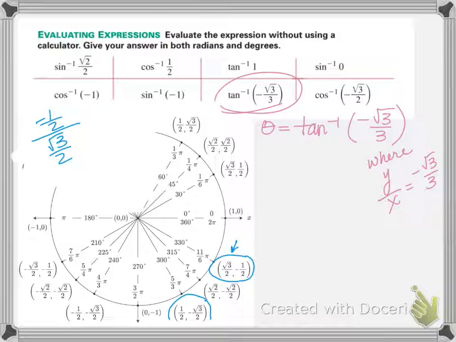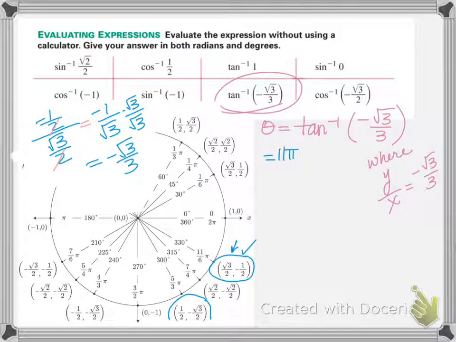Well, I'm going to cancel out the 2's. And so now I'm left with -1 over √3. But we need to rationalize. So I'm going to multiply √3 top and bottom. That gave me -√3 over 3. So that actually works. Check mark on that. It worked on the first try.